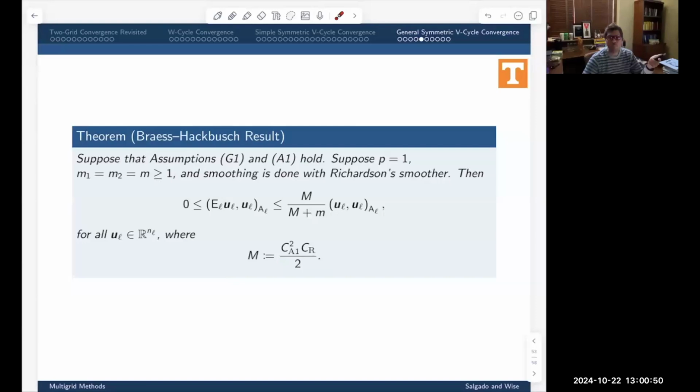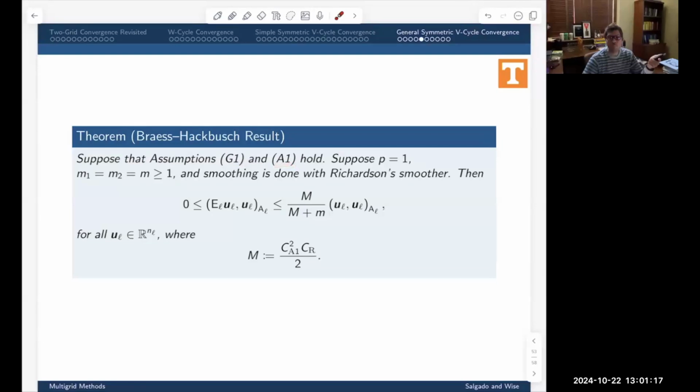All right, so here's the general convergence result that we want to prove. It's a result due to Braess and Hackbusch, and therefore it carries their name. Suppose that assumptions G1 and A1 hold. So G1 is the weak Galerkin approximation, and A1 is the weak approximation property.